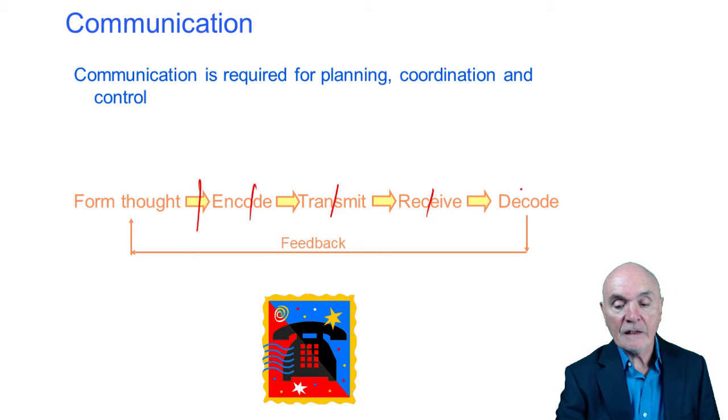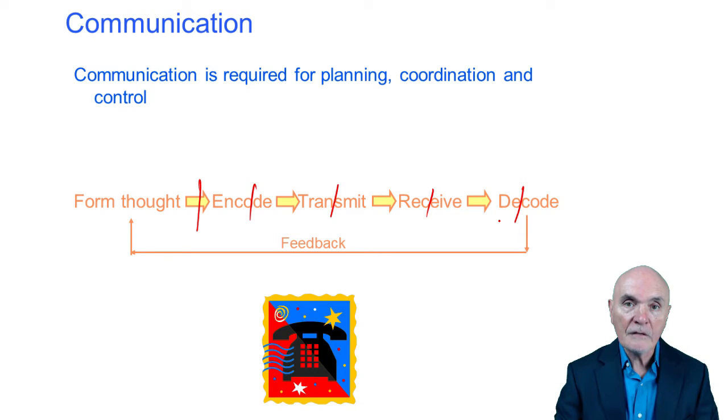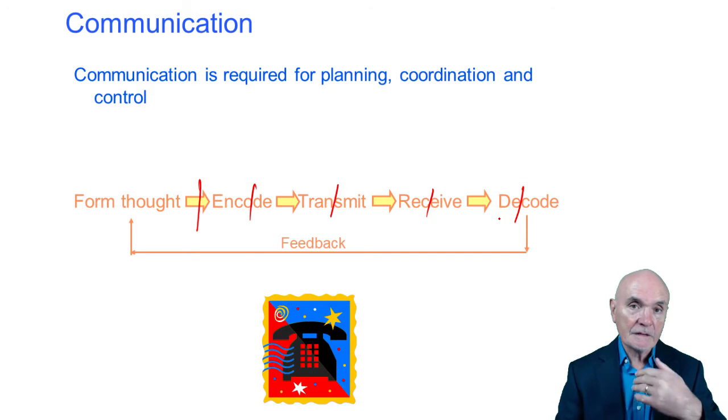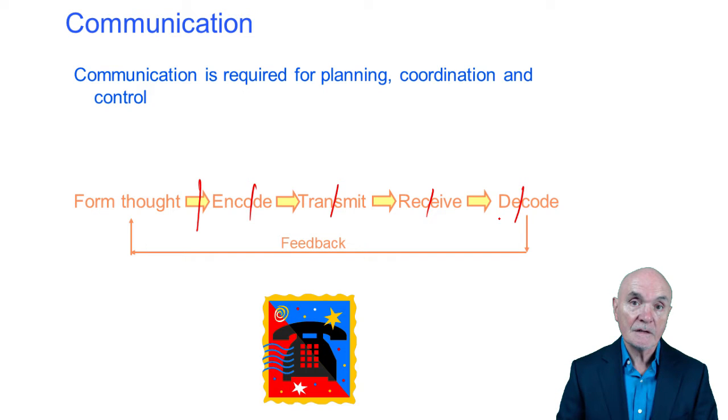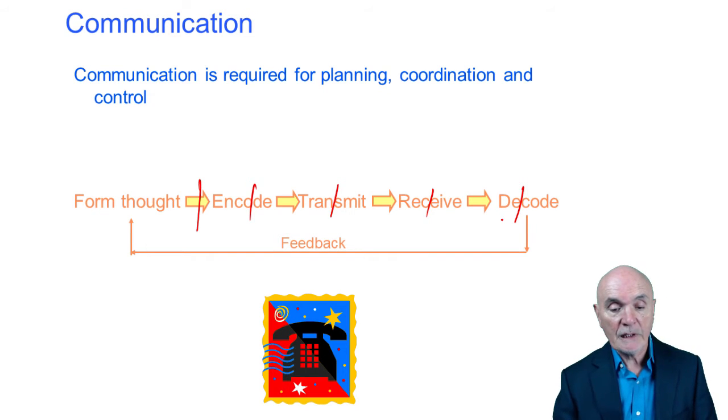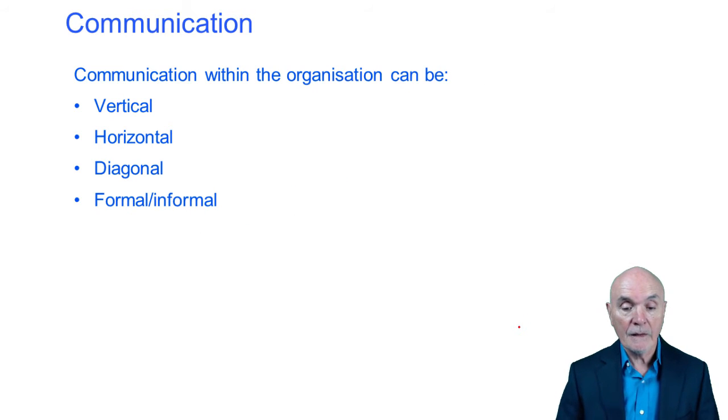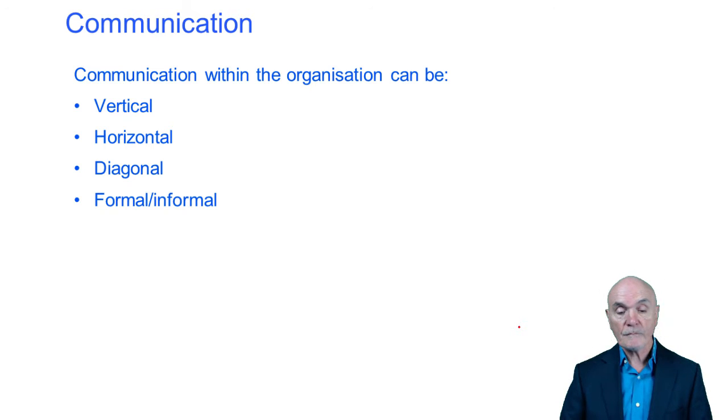And finally, the recipient, of course, may decode it incorrectly, get the wrong end of the stick, and misunderstand what is happening. So at all of these points, there is a danger that something is going to inhibit the communication, is going to stop it being successful. More generally, these problems are known as barriers to communication, which we'll see in a moment.